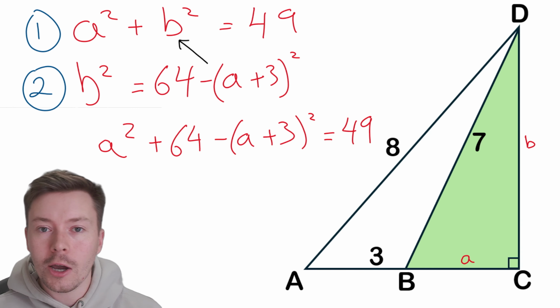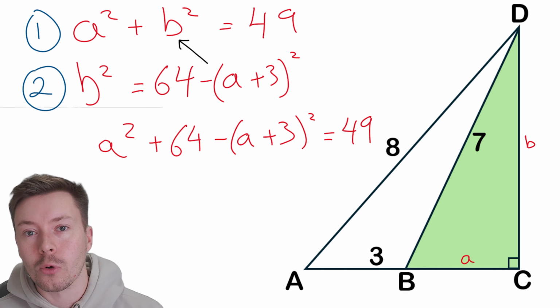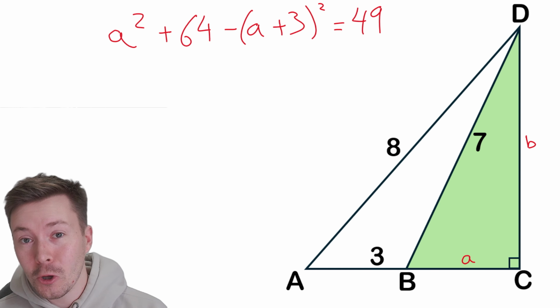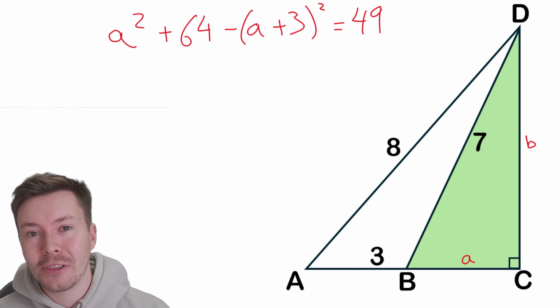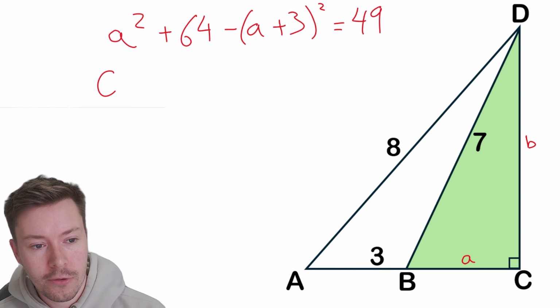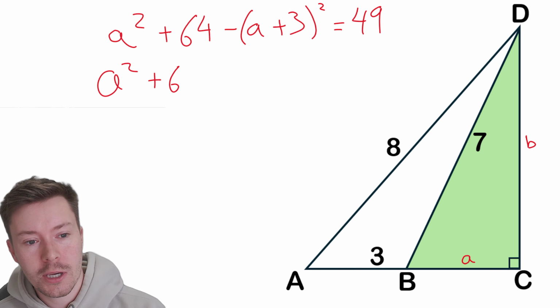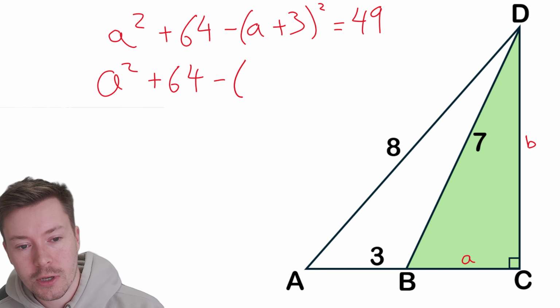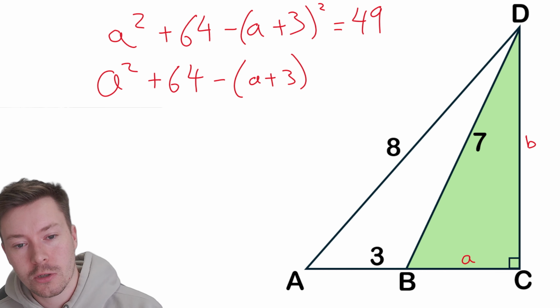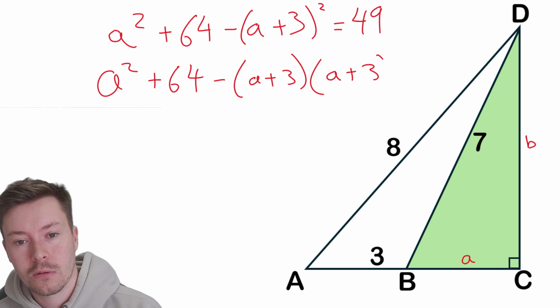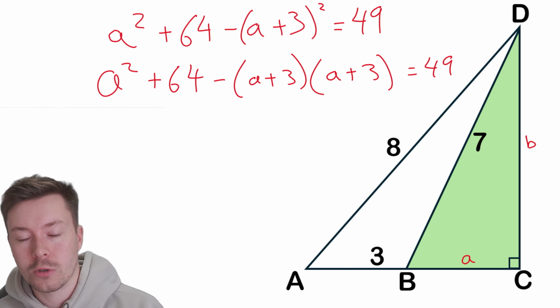Right, I'm going to tidy all of that up again and then we're going to solve this for a. First thing I want to do here is expand these brackets. That gives a squared plus 64 minus, and then I've got two of these brackets because it's squared, is equal to 49.